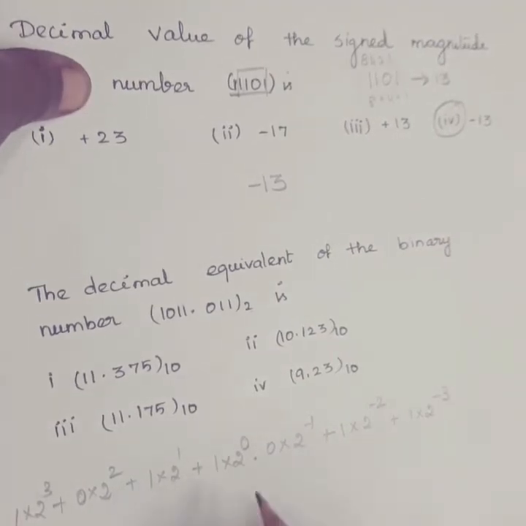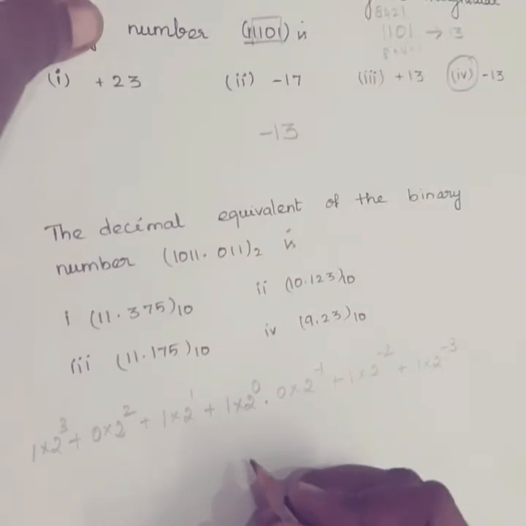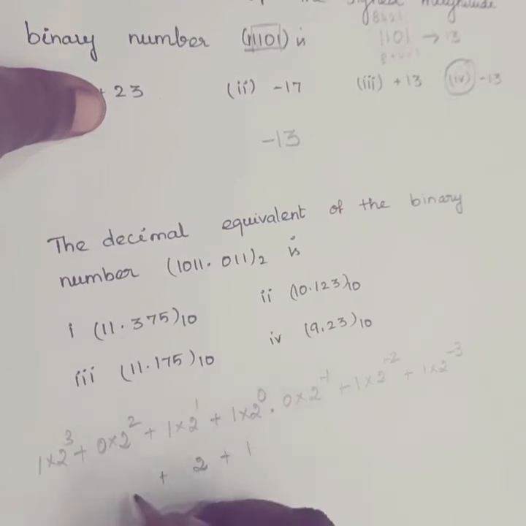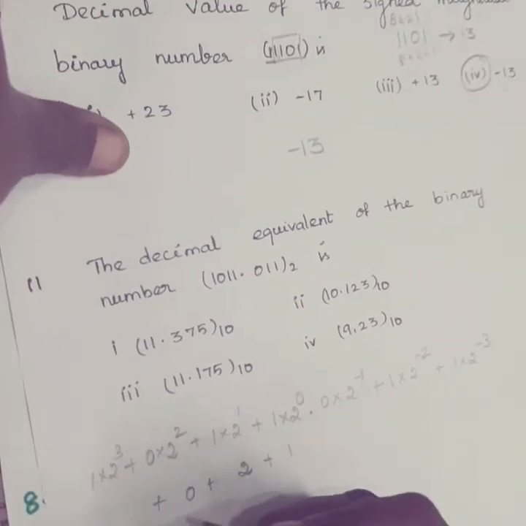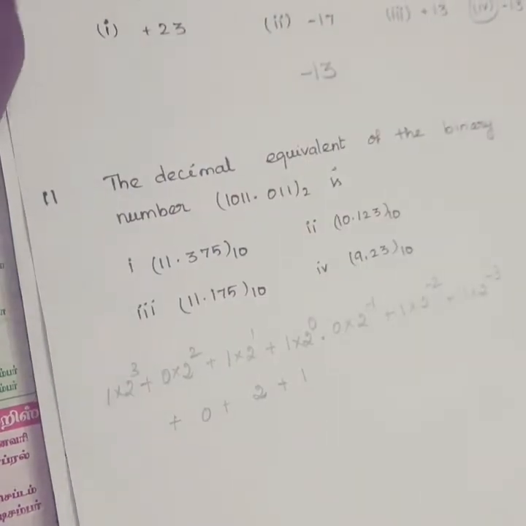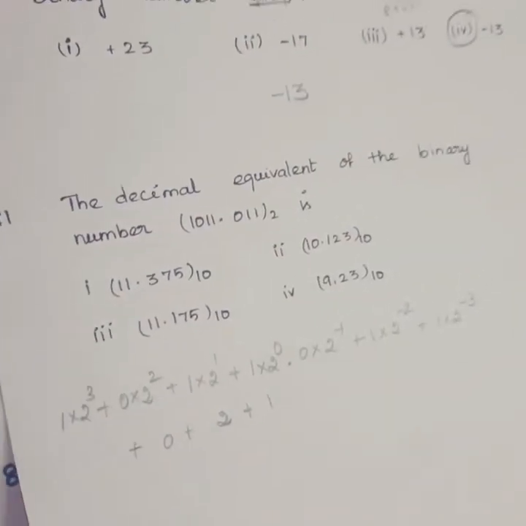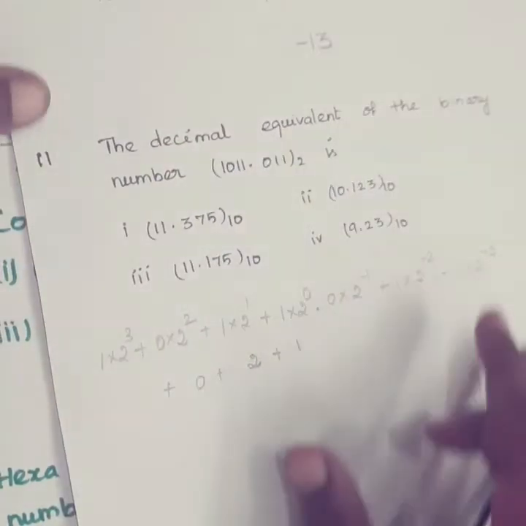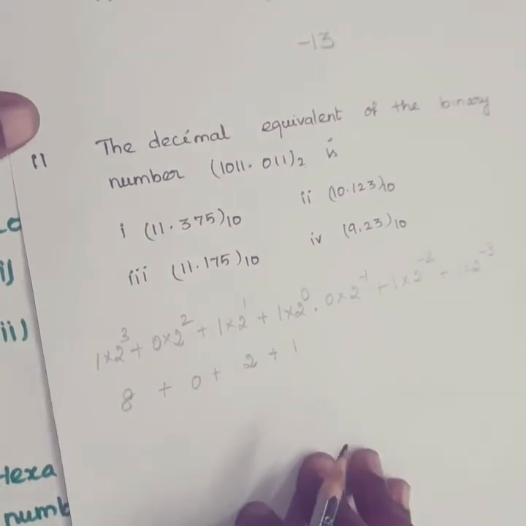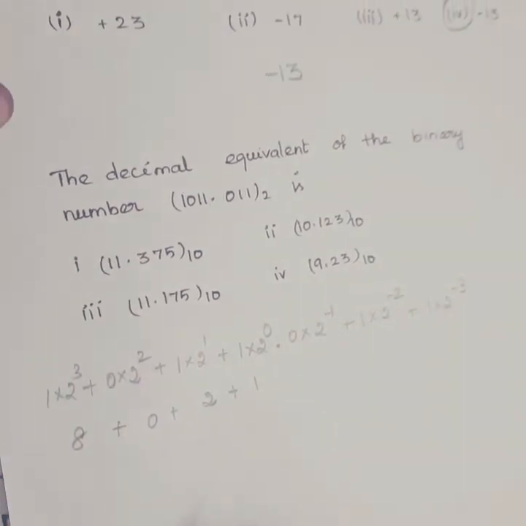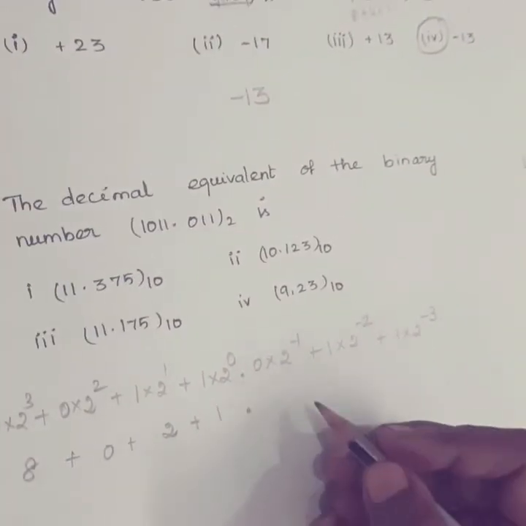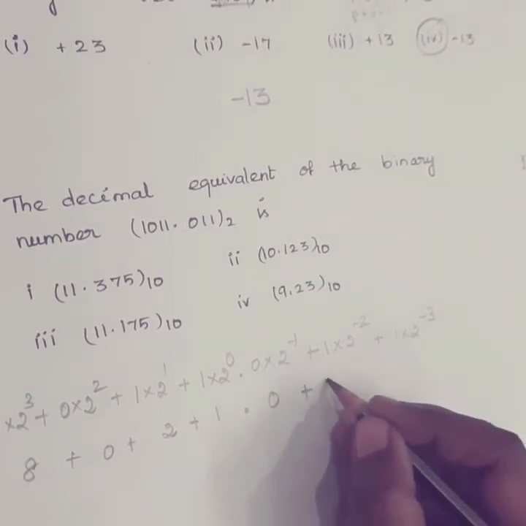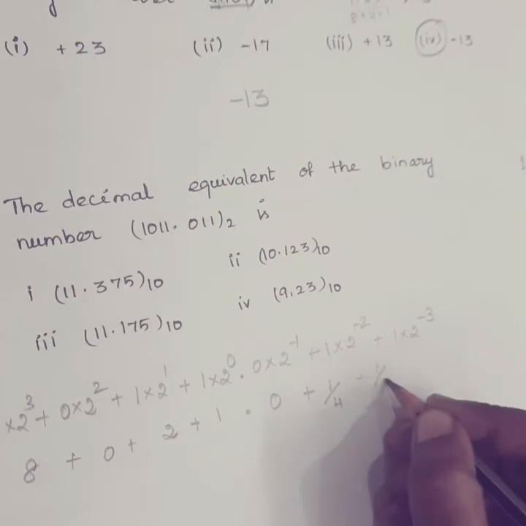So on the left side 2 power 0 is 1, you get 1 plus 2 plus 0 plus 8. On this side, 0 plus 1 by 4 plus 1 by 8.